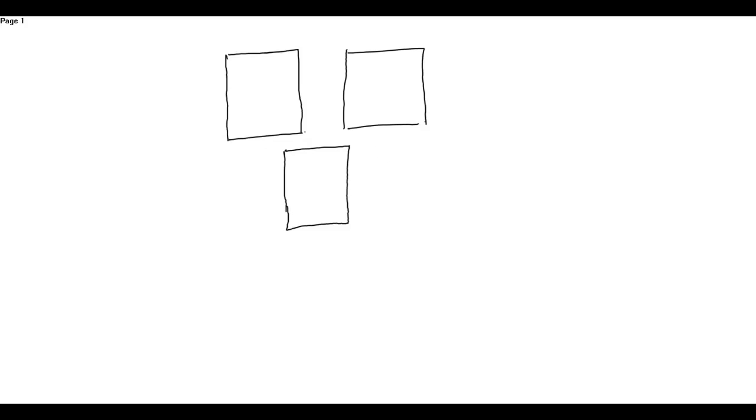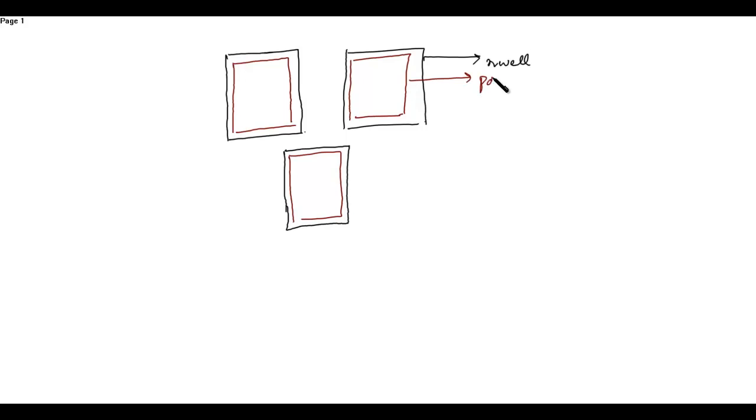Then this is the N-well layer. Then the P diffusion. These are the P diffusion layer. When you write the command, you will write it as pdiff.